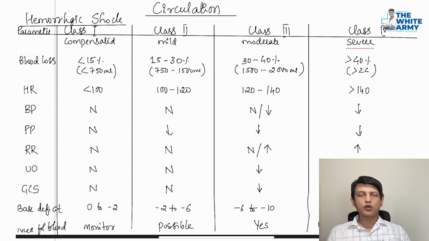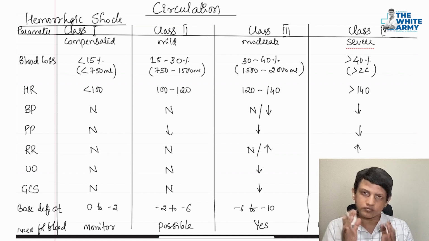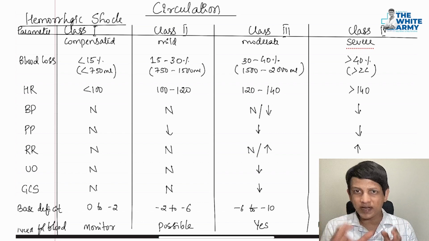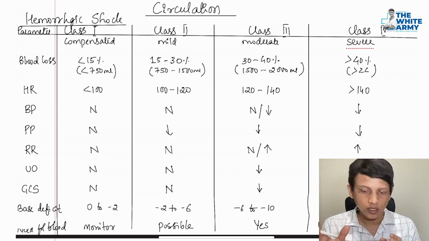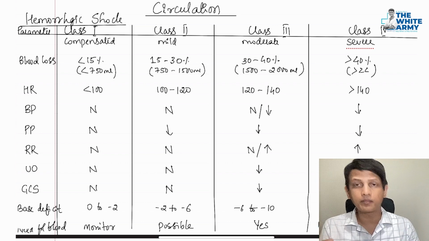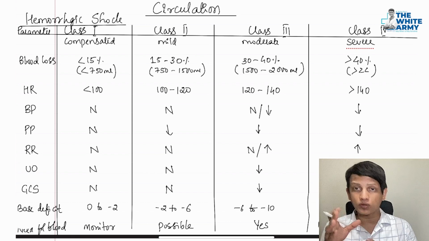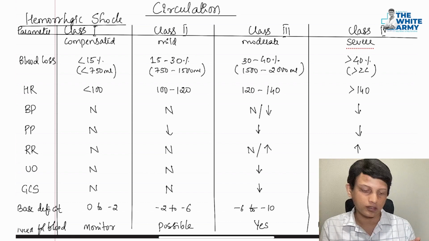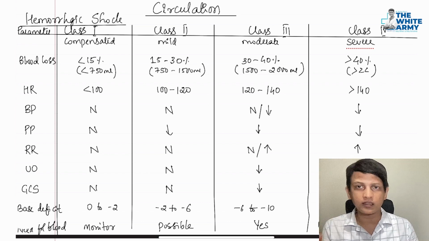In the compensated phase, heart rate is maintained, no tachycardia, while in class 2 there is mild tachycardia, 100 to 120, then 120 to 140, and more than 140 in class 4. Similarly, blood pressure is maintained up to class 3. Class 3 onwards there will be hypotension. Similarly, pulse pressure is also maintained in class 1.